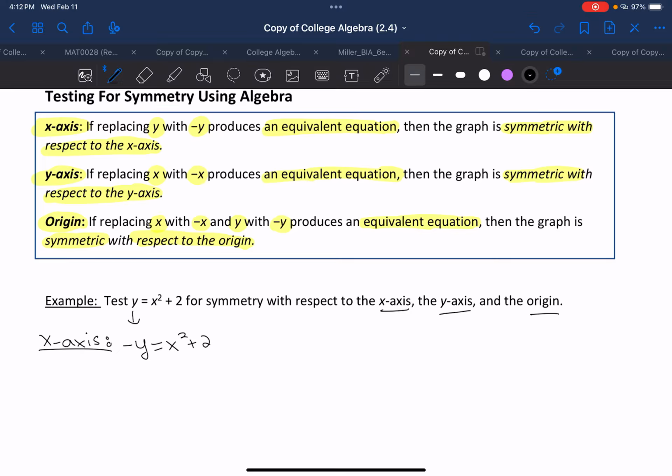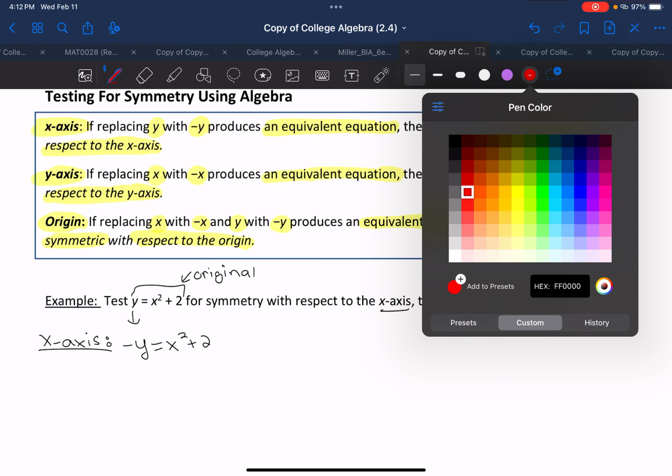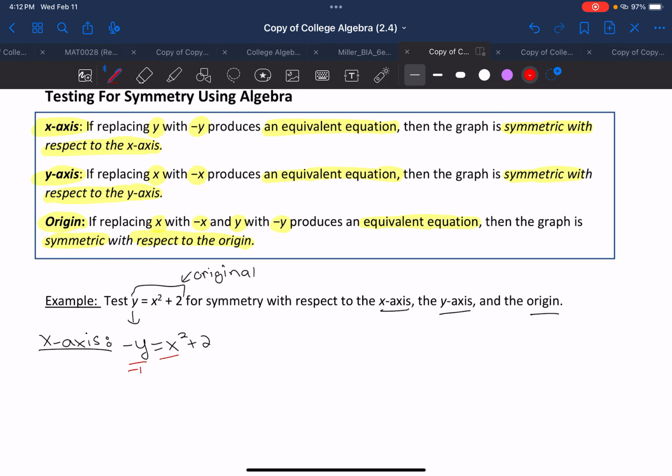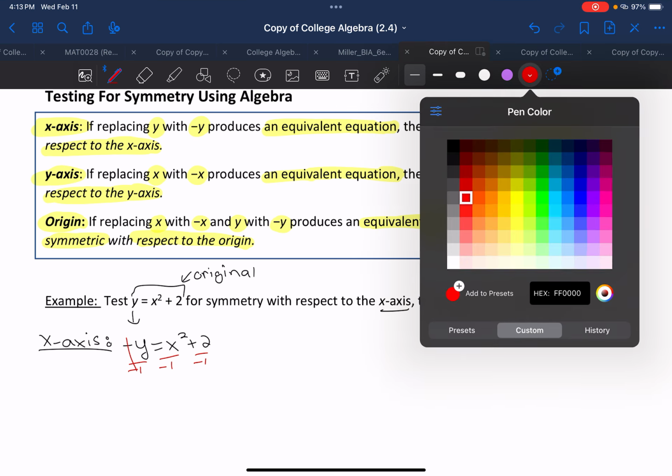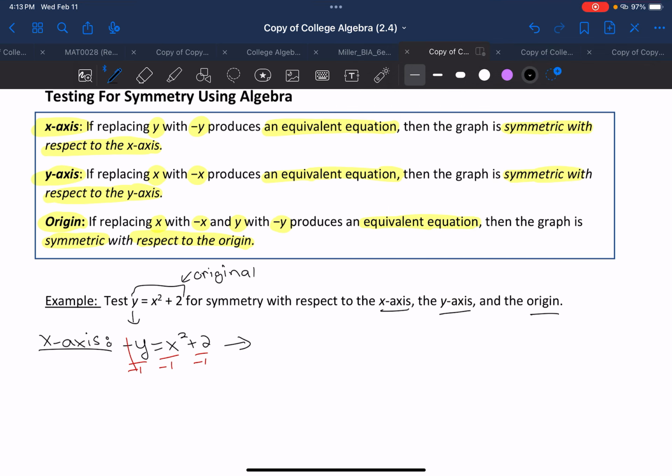And now to see if it's equivalent to the original, I need to solve for y. I need to get y by itself to see if they're the same on both sides. So I would have to divide everything by that negative 1 in front of y to get y by itself. So this will give me y equals negative x squared minus 2.